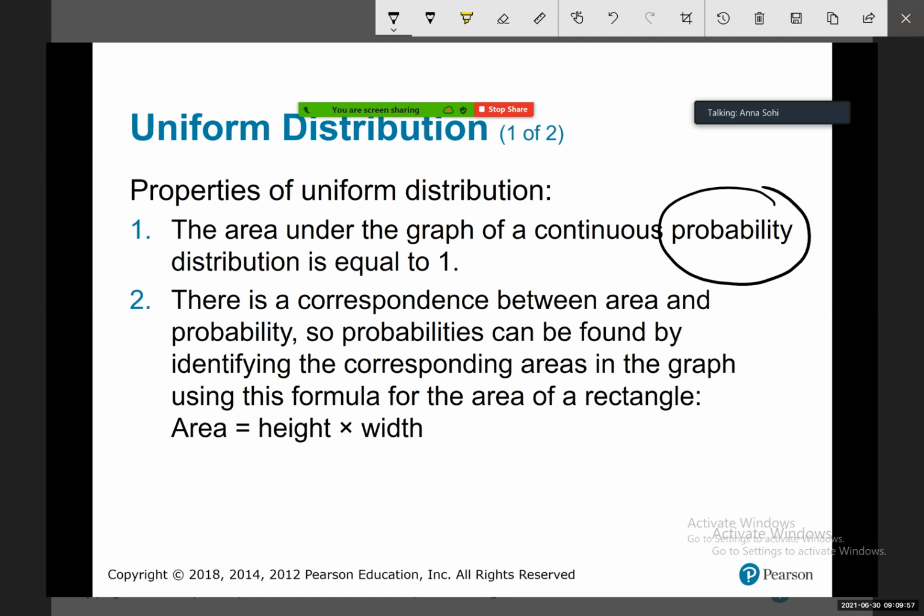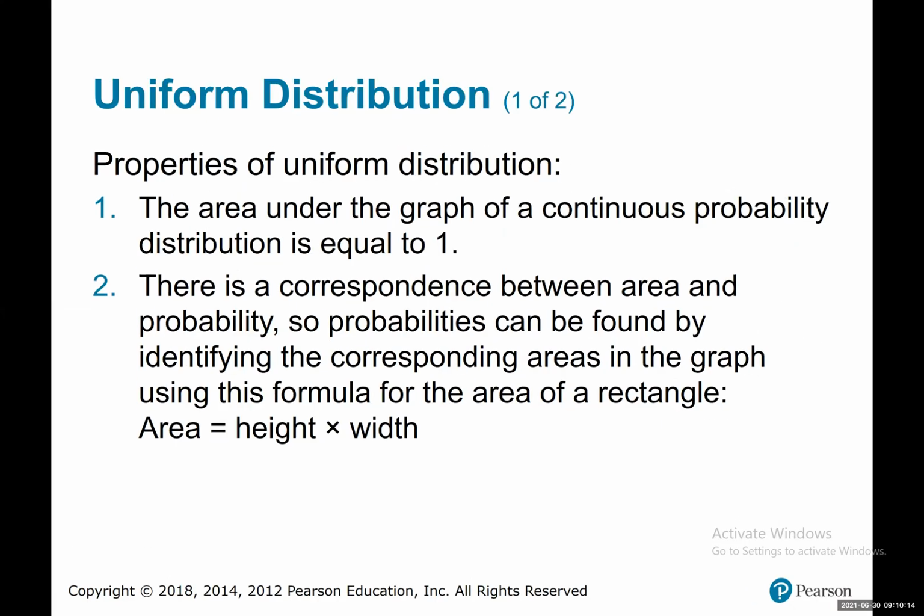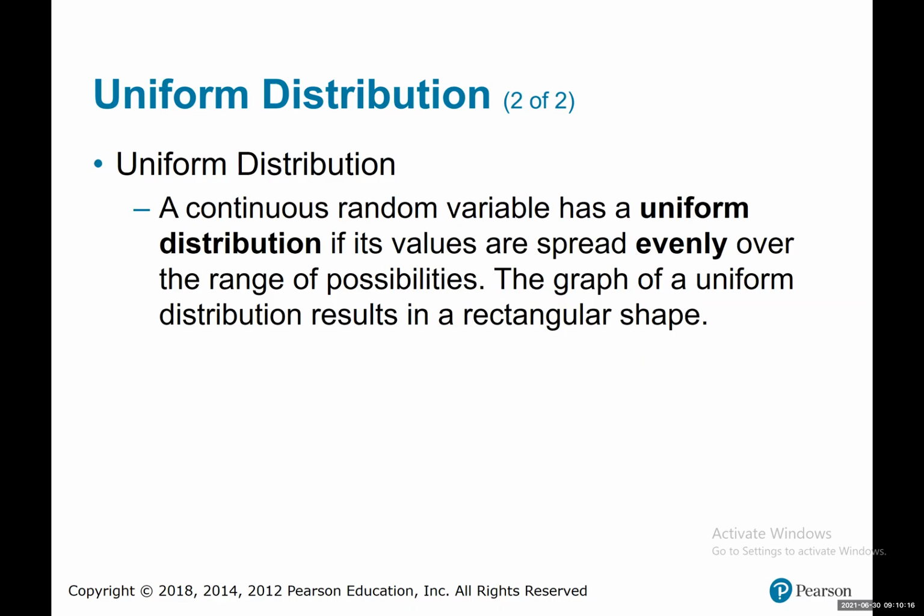Anytime you're dealing with area under the graph, it's the same thing as probability, and the sum of all of them is 1. A uniform distribution is in the form of a rectangle, and the values are spread evenly over the range of possibilities.